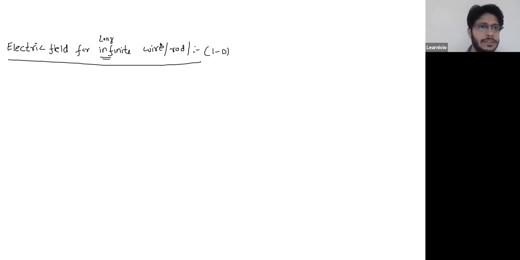So let's say you have a long wire. The linear charge density of the wire is lambda. This is the wire, a long wire, extending from minus infinity to plus infinity.